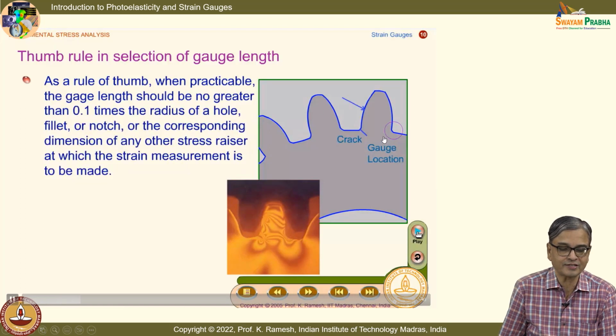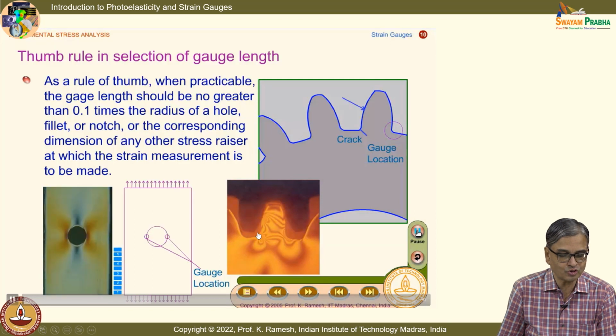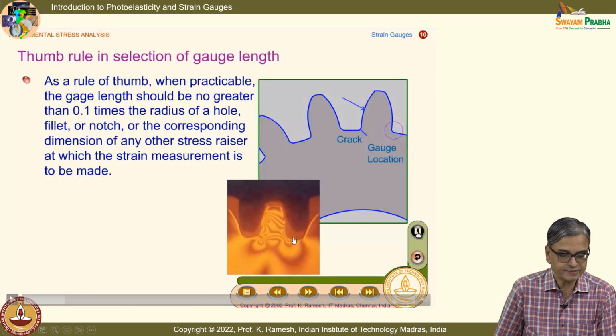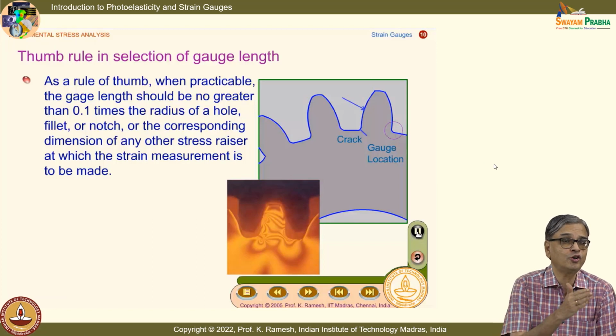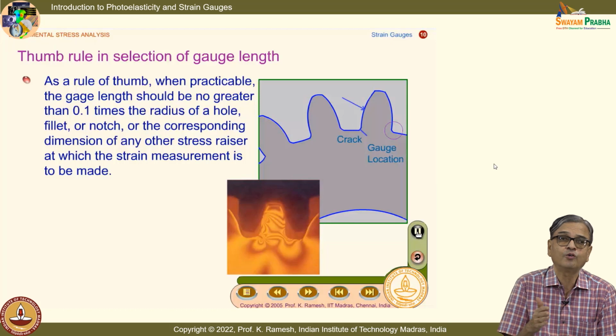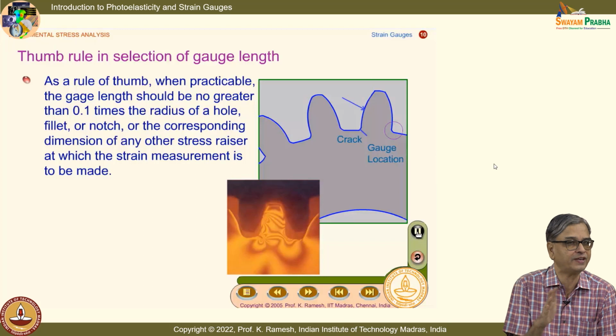Suppose I want to put a strain gauge on the fillet, that is what is shown here. I have a tensile root fillet where you have also got a crack developed in service. And if you want to see the compressive fillet, I have a fillet radii, and you will study in your machine elements course, if you want to reduce the stress concentration, one of the ways is providing a generous fillet wherever possible.